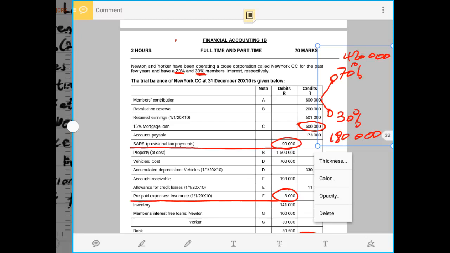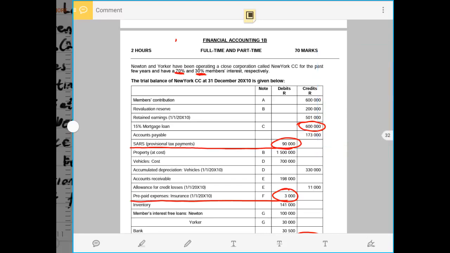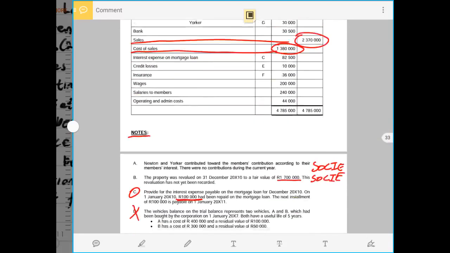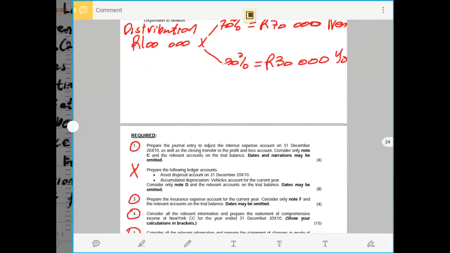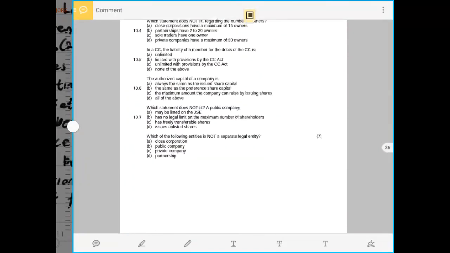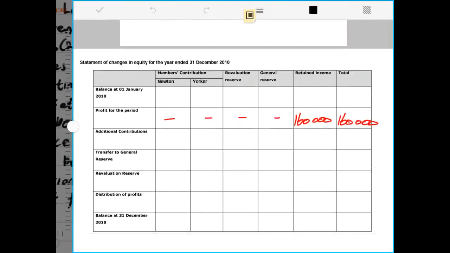Those are the amounts, as you can see, after I have split it between the two members, which gave us the same 600,000 rands.